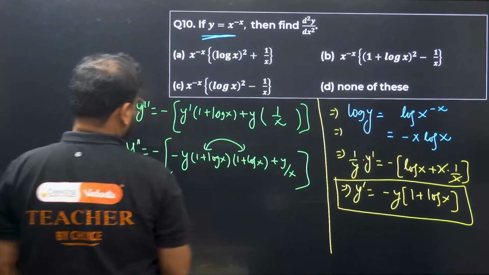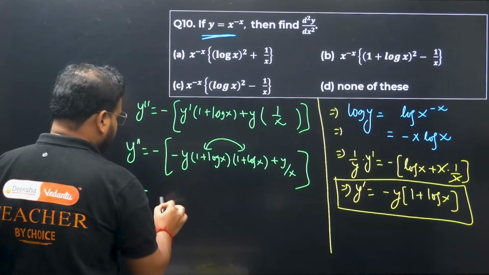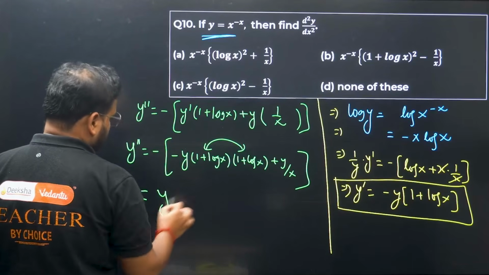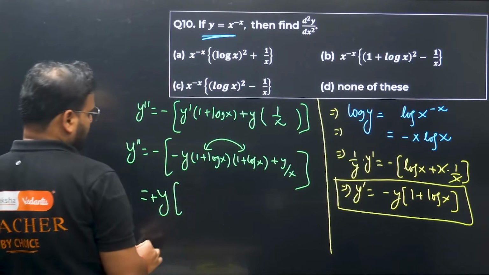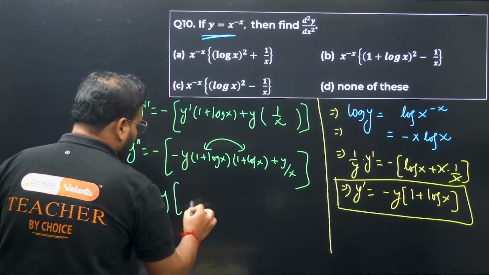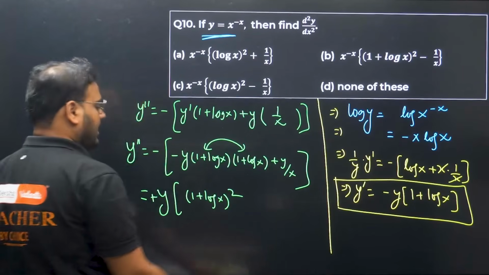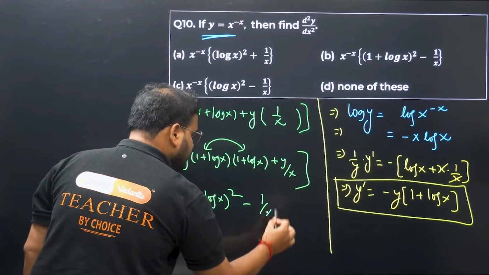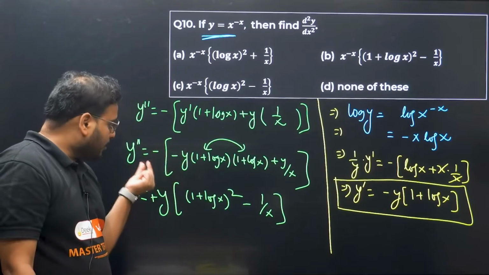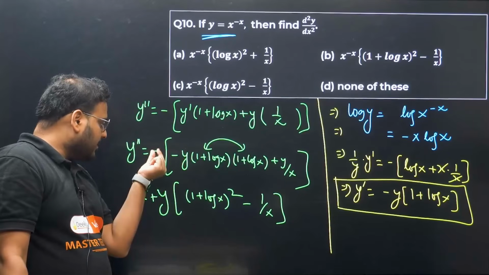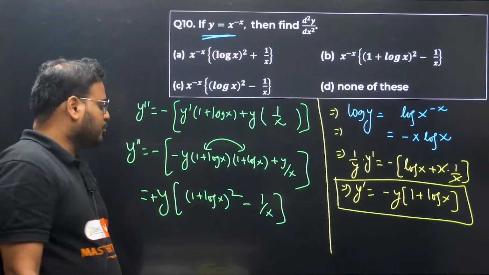I can take minus y common, so it becomes plus y times 1 plus log x the whole square, and this becomes minus 1 by x. What I've done is taken minus y common, so minus y with minus becomes plus y, and the plus becomes minus because I'm taking the minus sign common.